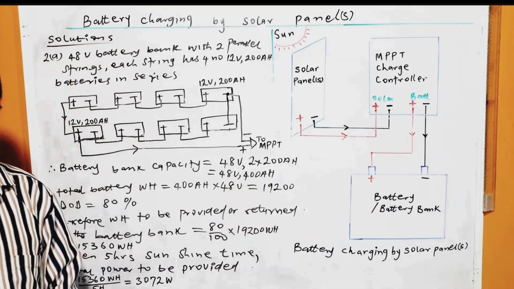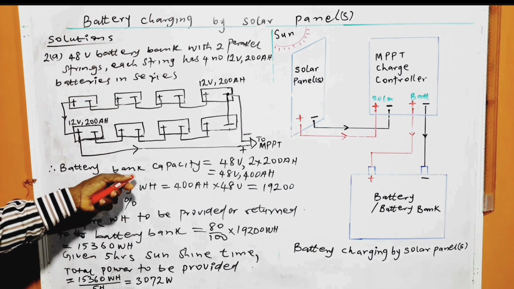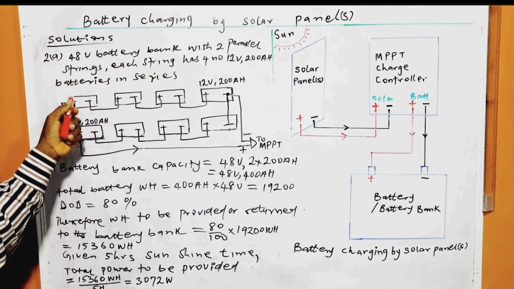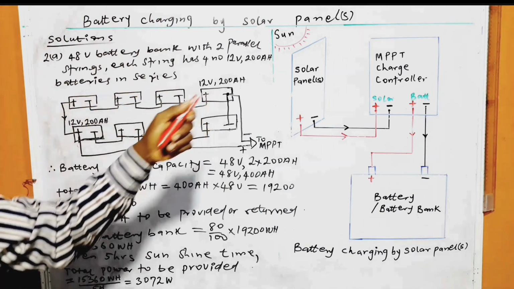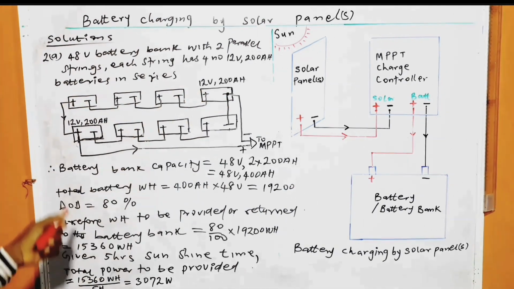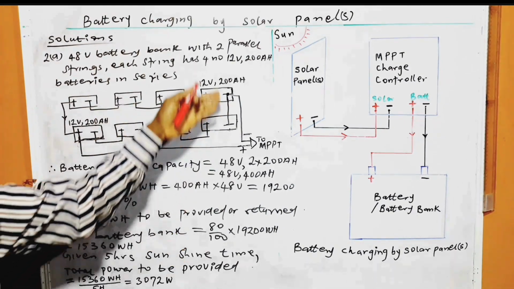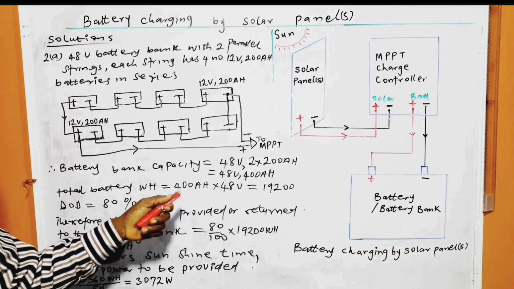The battery bank voltage is now equal to 48 volts, because we have 12 volts, 12, 12, 12 volts. That's 12 times 4, 48. So this also is 48. When they are in parallel, the resultant voltage is 48.